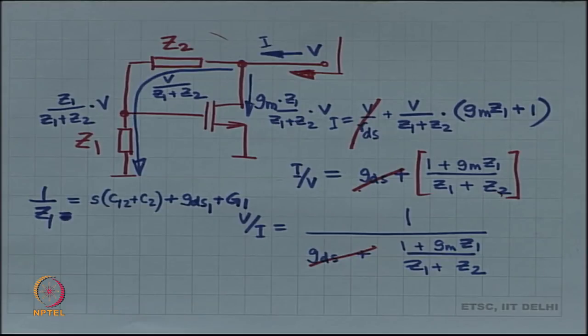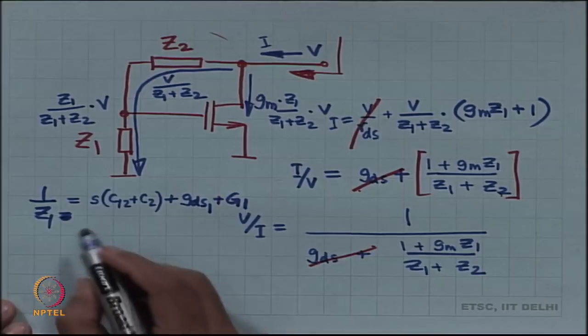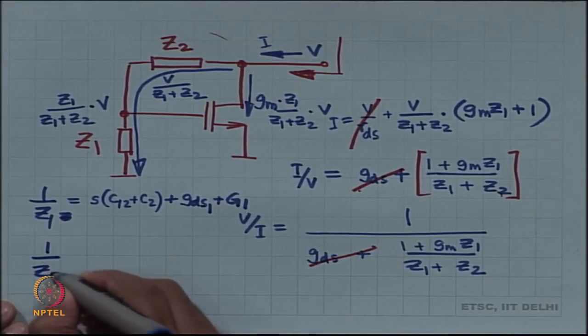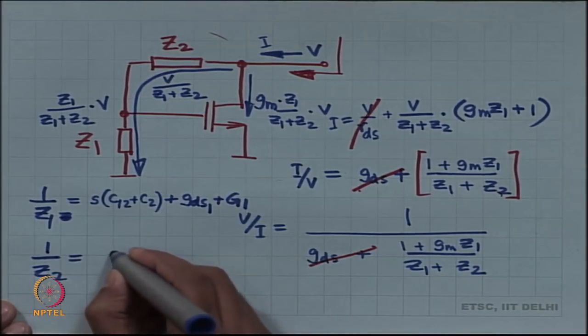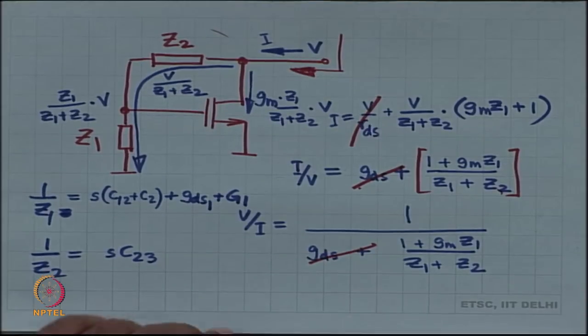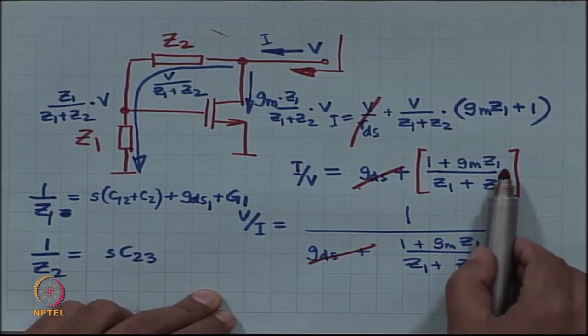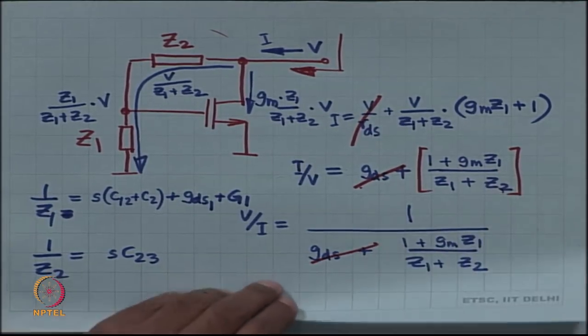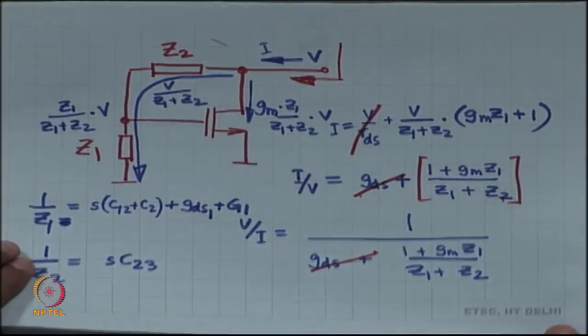Okay, this is 1 by Z1. I do not even have Z1, and I have got 1 by Z2. Okay, this is what I have. Maybe you want to represent this in terms of 1 by Z1 and 1 by Z2.